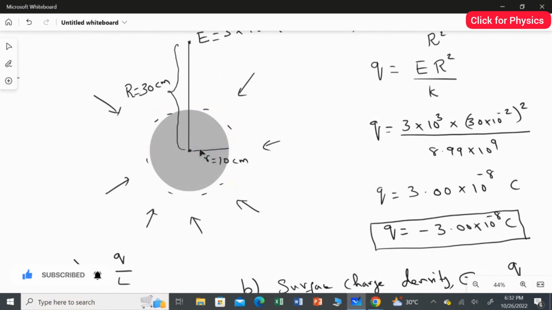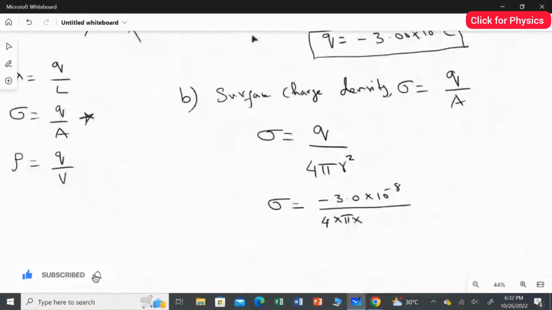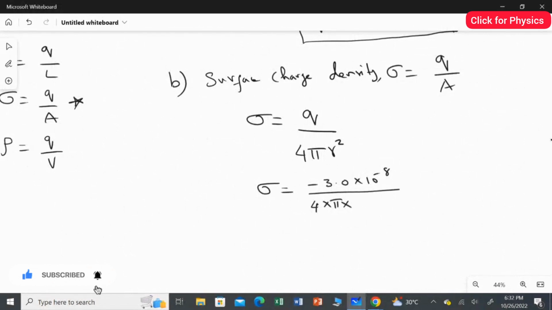In the question they clearly mention the radius of the sphere is 10 centimeter. If you see any direction in the sphere, all the radii are exactly constant. So I have to use the R value as 10 centimeter here. Clear? So that means 10 multiplied by 10 to the power of minus 2, the whole square. Understand? Now I'm going to find the answer. So take your calculator.